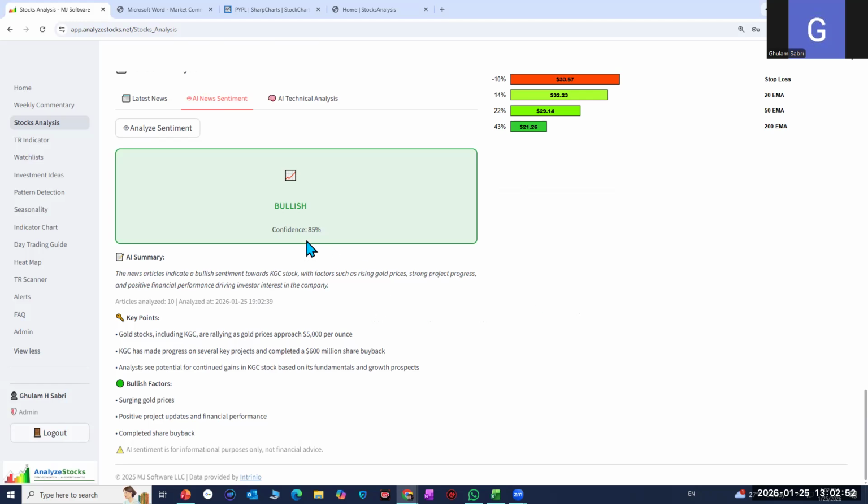So 85% of the articles about this KGC stock are bullish. This is the key point they have mentioned, and the bullish factor they have mentioned. And this is another AI feature which is available only in our web-based system.